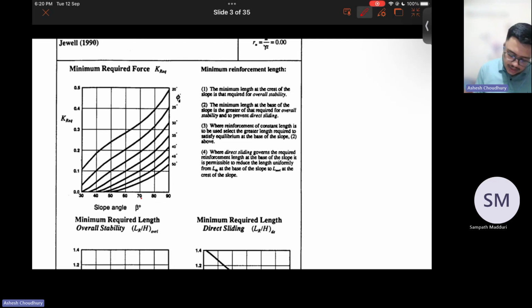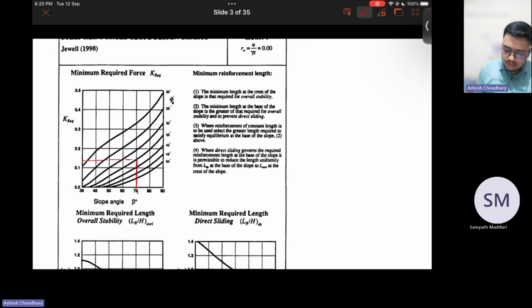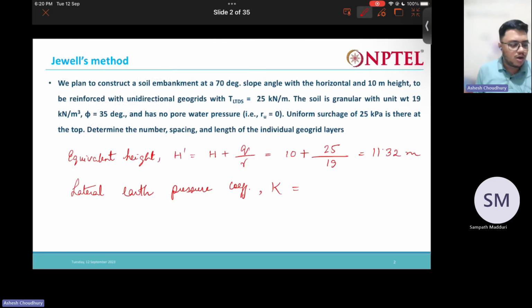The friction angle of the soil is 35. So let us see. Approximately, say 0.14.